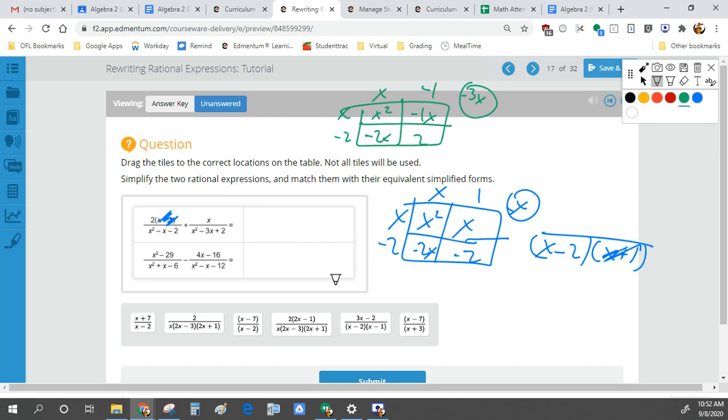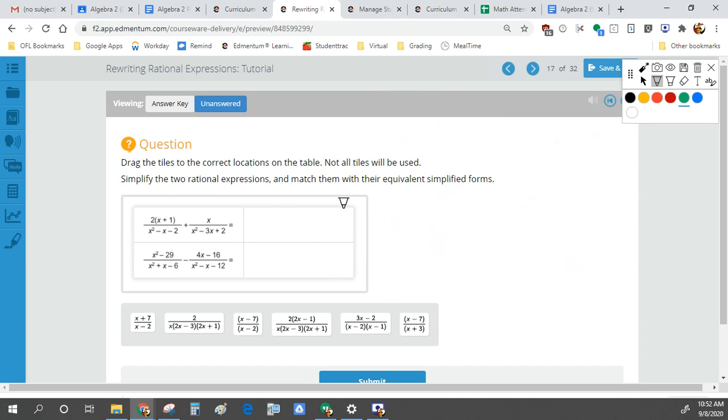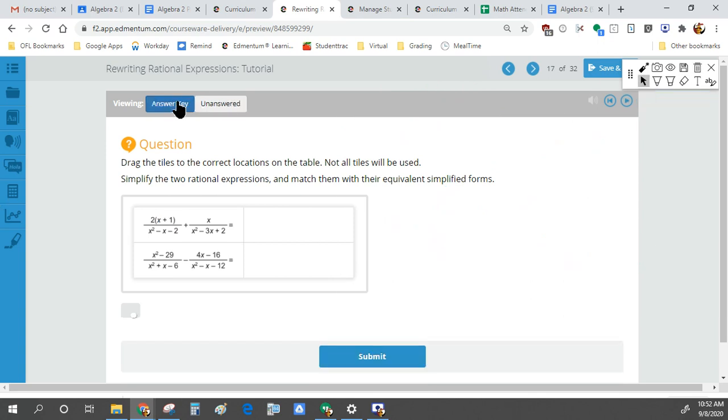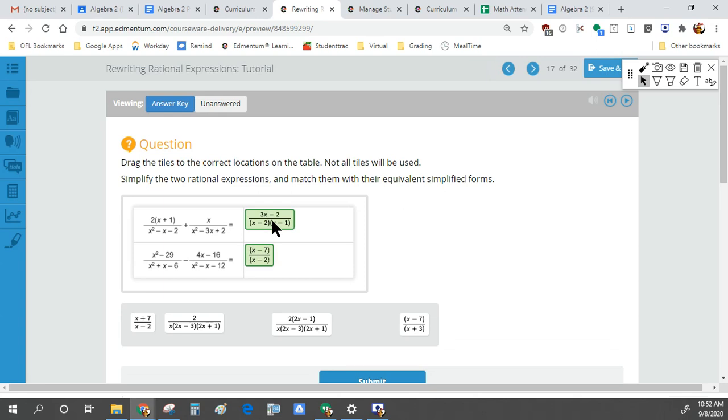So from here, I'm going to get this x minus 1 and then this x minus 2. Nothing really cancels out here, unfortunately. So this will end up being my GCF. Oops. One of these, and one of these. And that's how you can see that the answer turned into this.